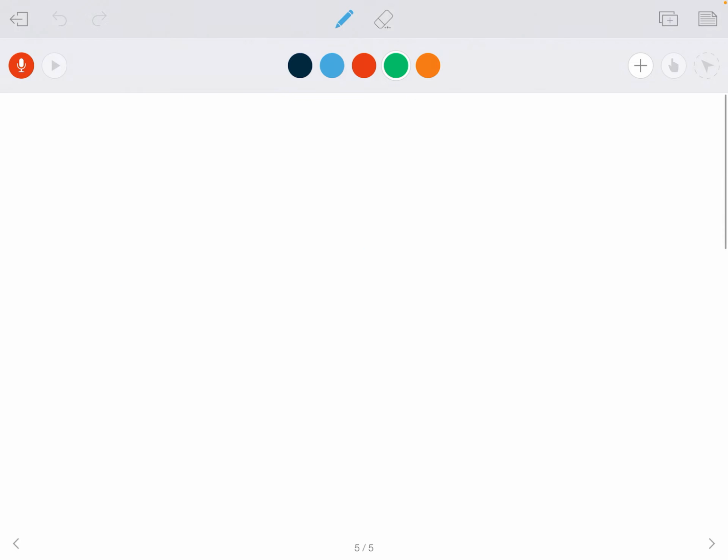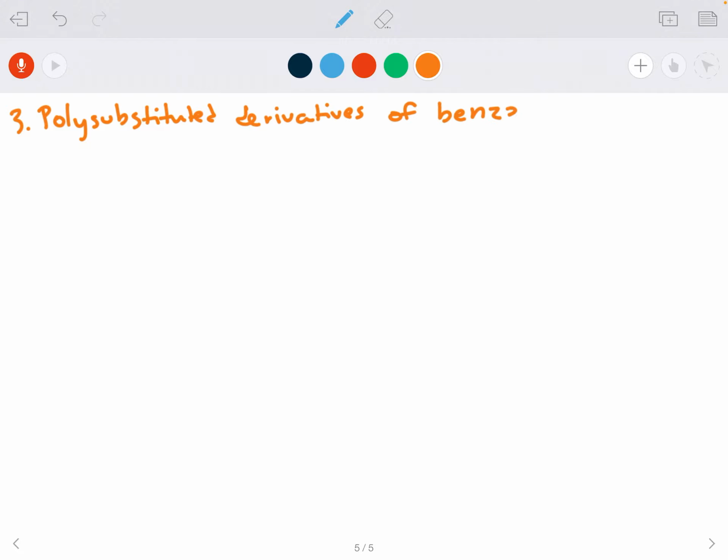So the last class then is going to be polysubstituted derivatives of benzene. So now this is 3 or more substituents.